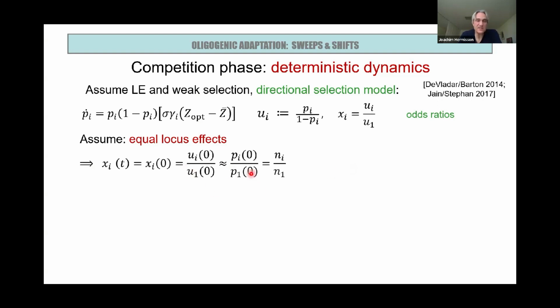And since these odds ratios here for small allele frequencies are just approximately the ratio of allele frequencies, and this is the same as the ratio of the number of lineages at all these loci, how are these distributed?